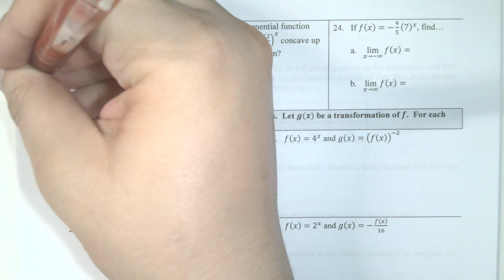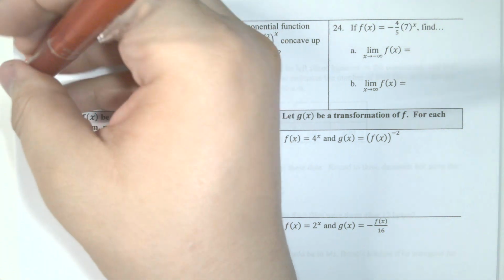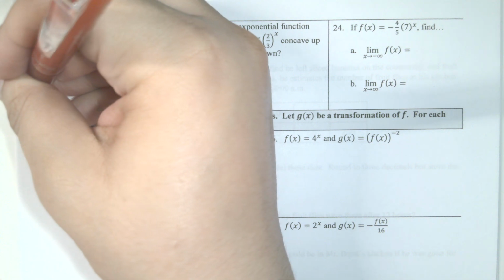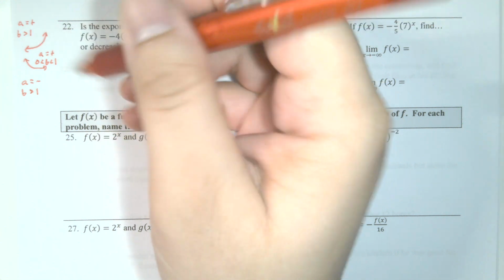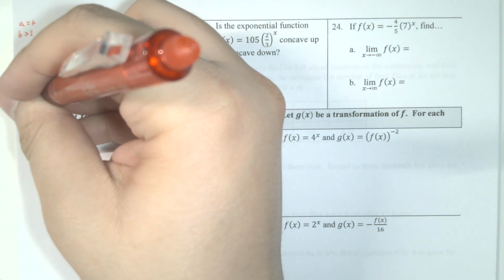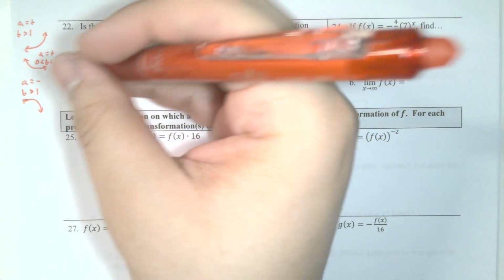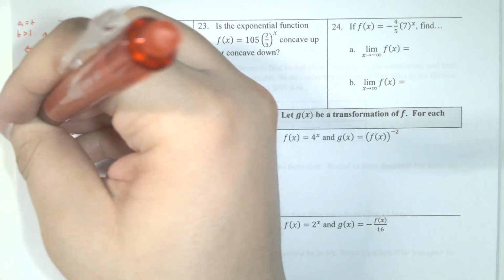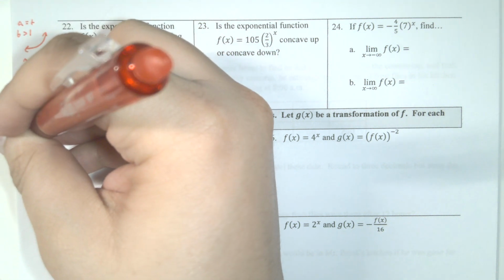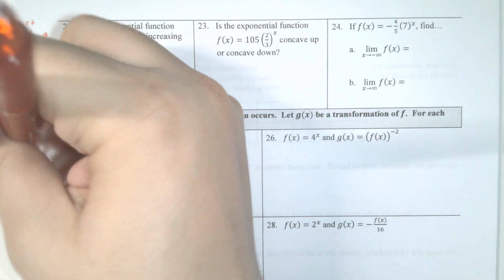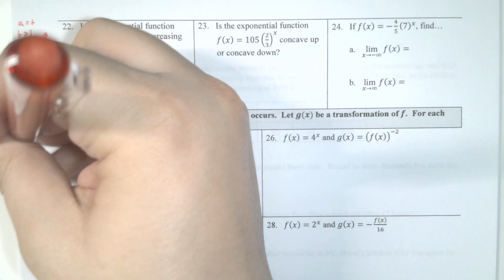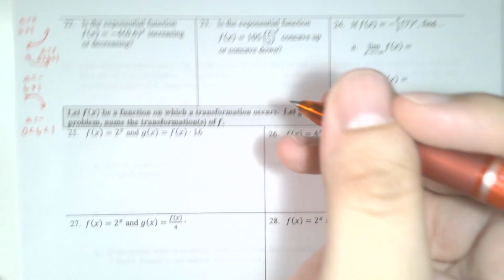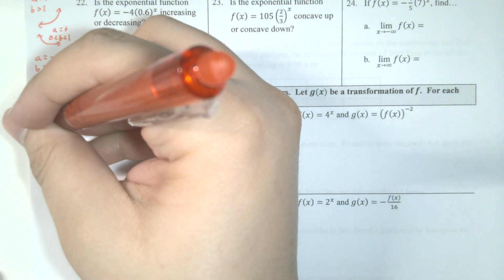And then when a is negative and b is greater than 1, our function just looks like this one, but reflected over the x-axis. So it'll look like that. And then lastly, if a is negative, but b is between 0 and 1, then we're going to have a function that looks like that.